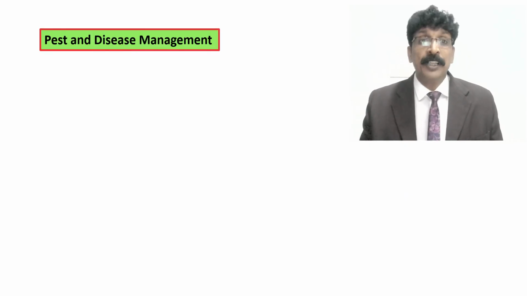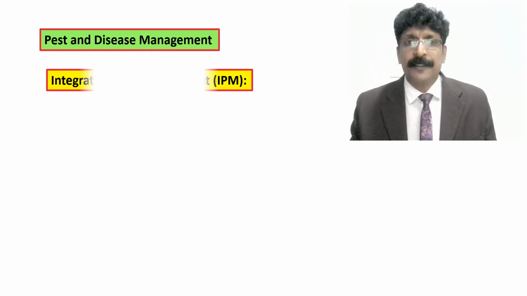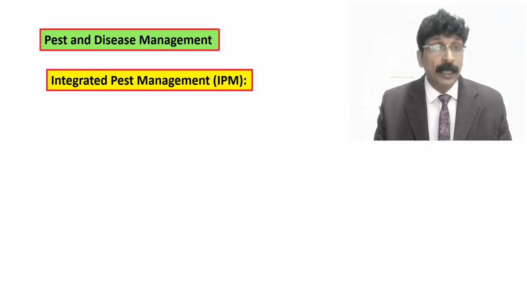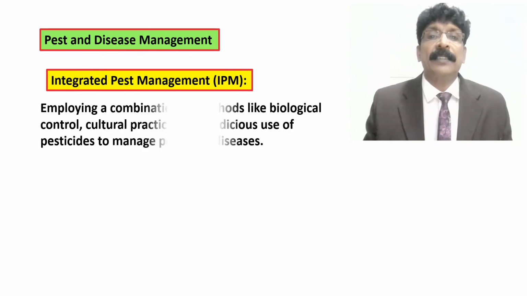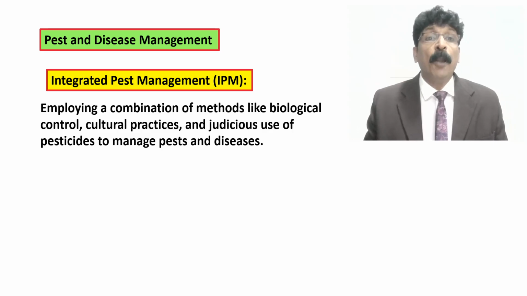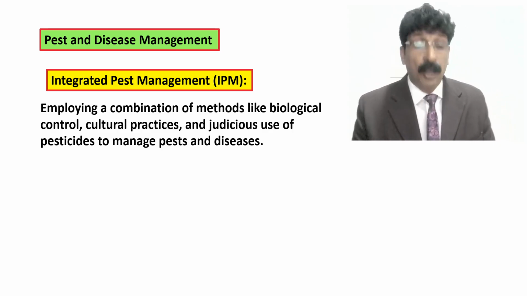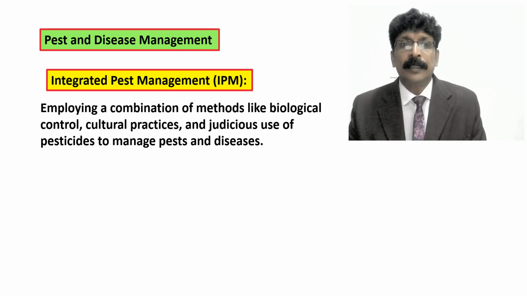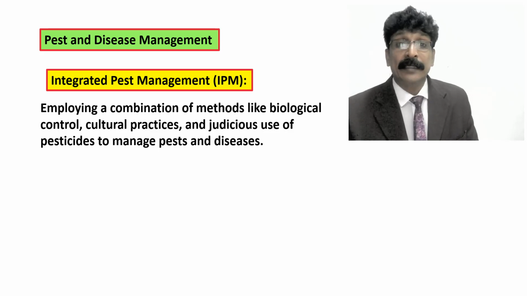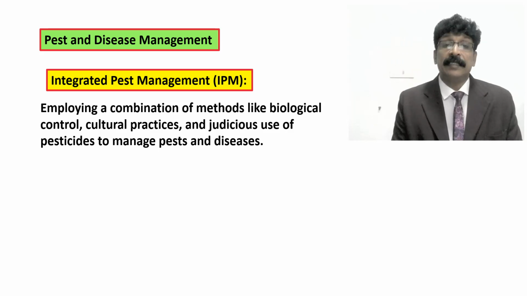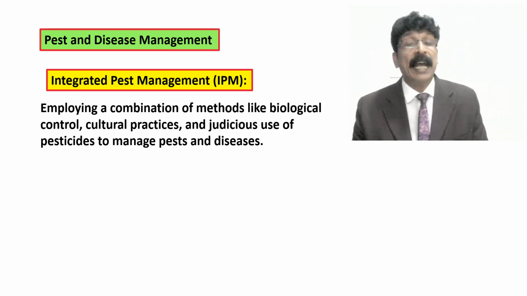So we should be very careful in finding out these pests and use pest and disease management. Integrated pest management is very important in good agriculture practice, employing a combination of methods like biological control, cultural practice, and judicious use of pesticides to manage pests and diseases.